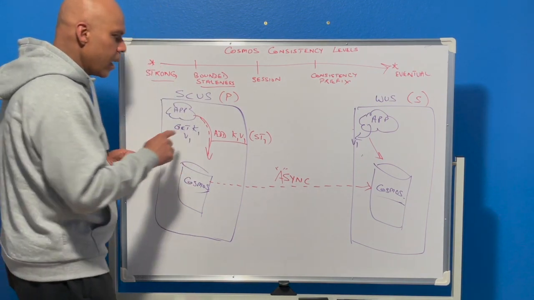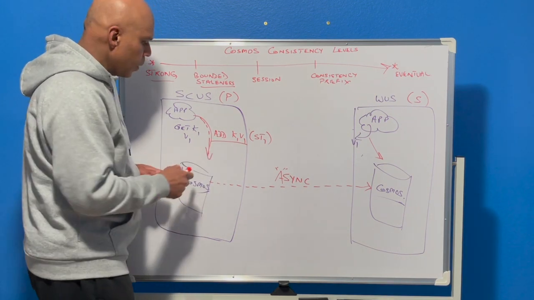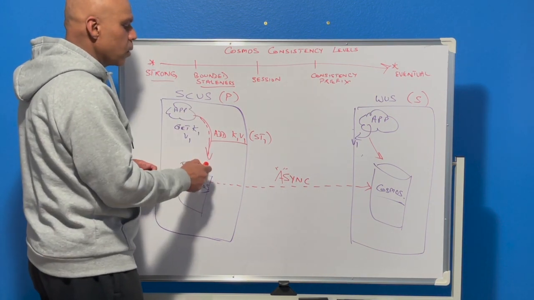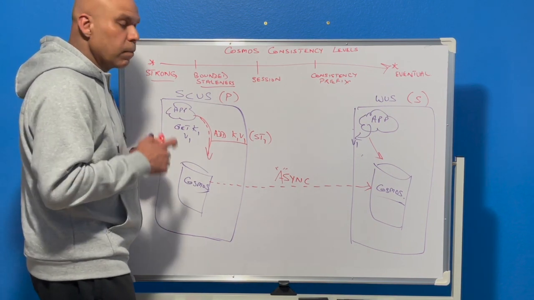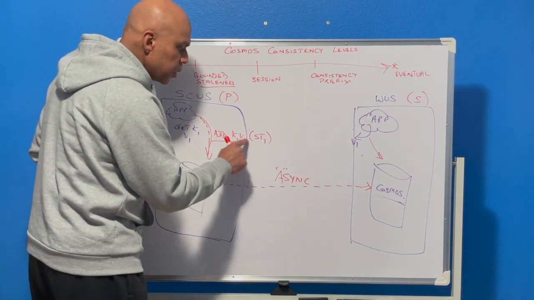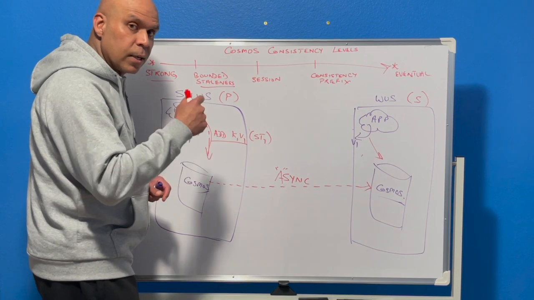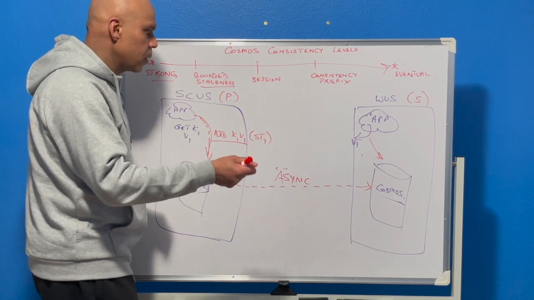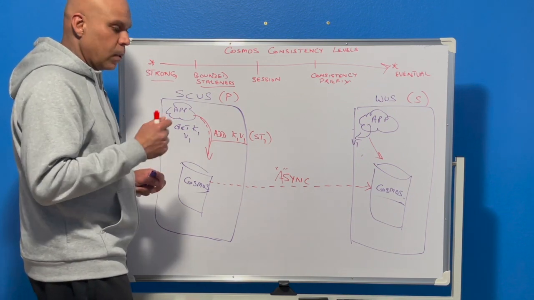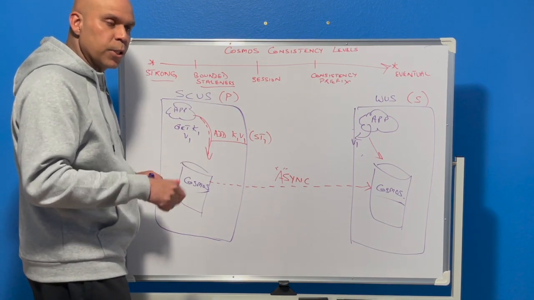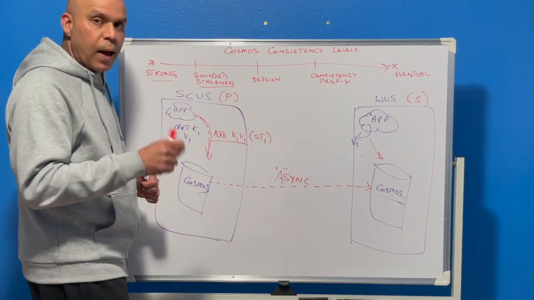So anytime you do a write operation, in this case again key 1 v1, Cosmos, when it responds back to your client, will give a session token. Now this session token is key. When the same client thread issues a read request, it has to use that same session token. When it does that, Cosmos immediately recognizes that session token and is able to retrieve and return the latest value.